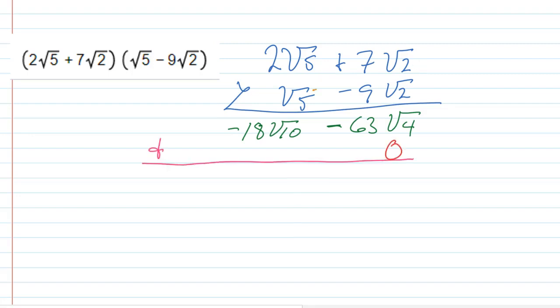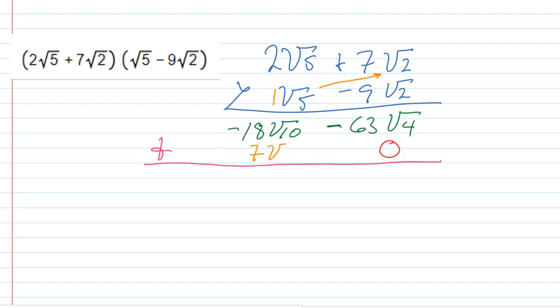Now we'll keep multiplying. Then we're going to multiply the square root of 5 straight across. Remember, inside times inside and outside times outside. Since there's only an invisible 1 on the outside, we get 1 times 7 is 7, and 5 times 2 is the square root of 10. And do it again. Then we can combine like terms. At this point, go ahead and start simplifying.